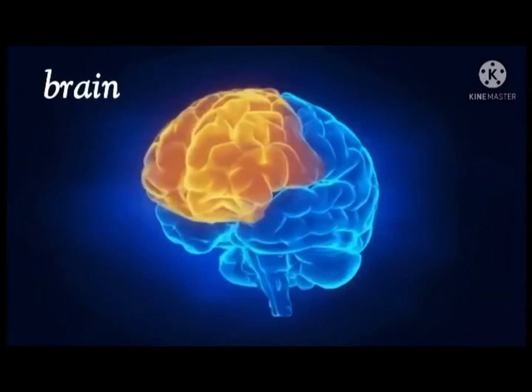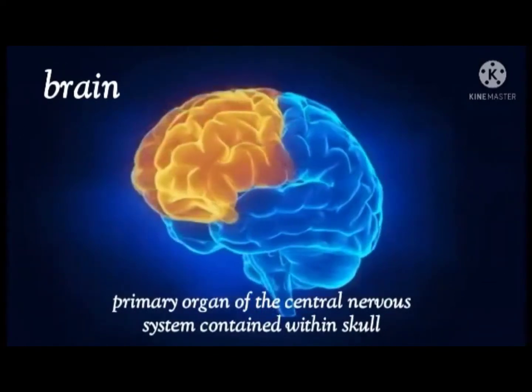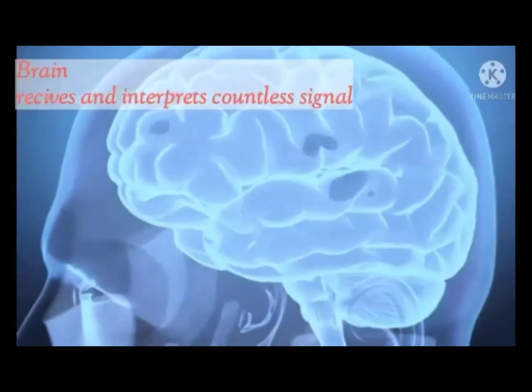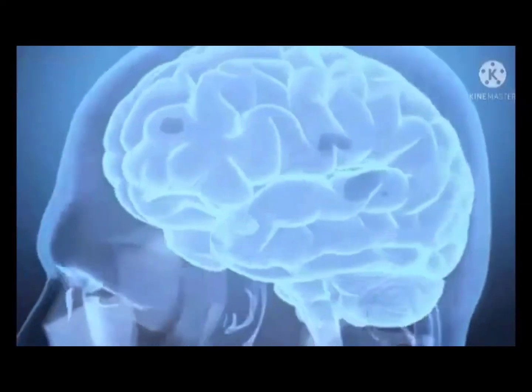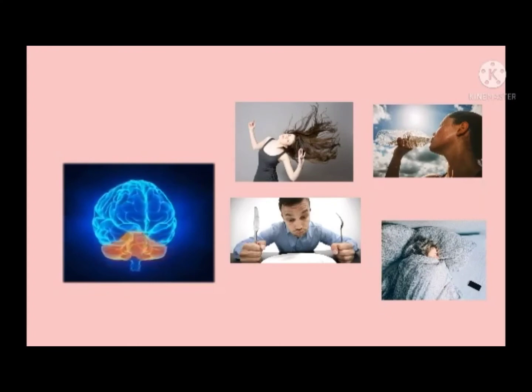The brain is the primary organ of the central nervous system, contained within the skull. It receives and interprets signals. The brain makes us conscious, emotional, and smart. It is the control system for movement, sleep, and hunger.